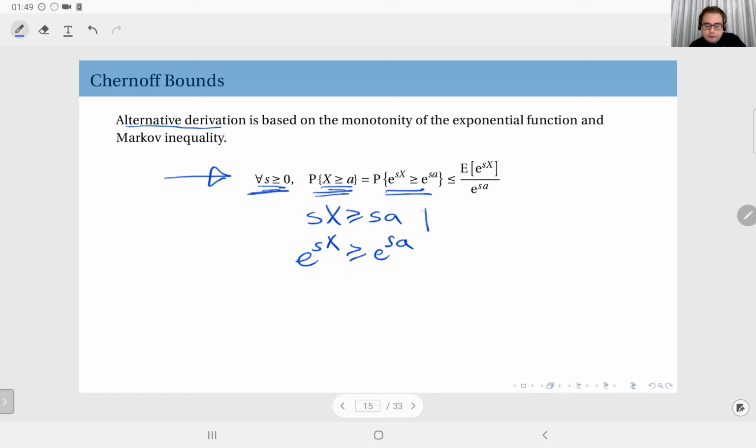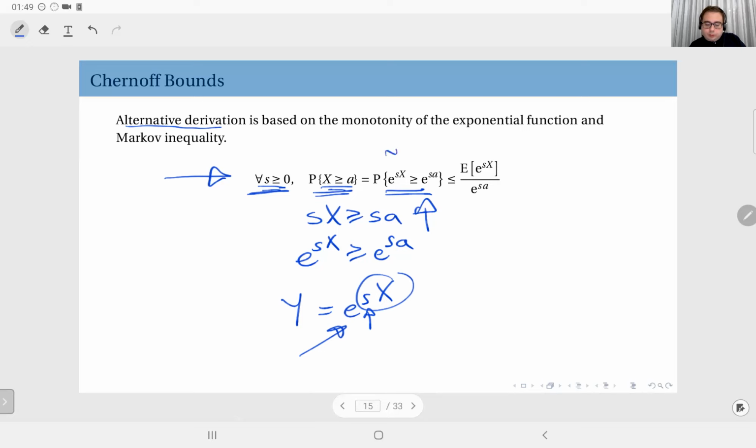And now here you see e to the power s times x, it doesn't really matter what s is, the exponential function is never negative for any value of the exponent. So if you define this as a new random variable y, you can apply Markov's inequality to y.